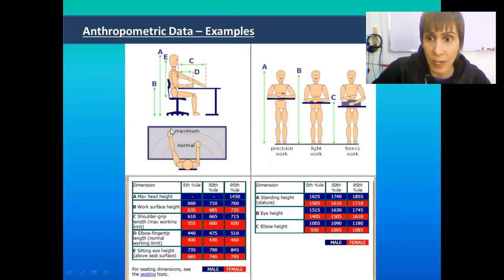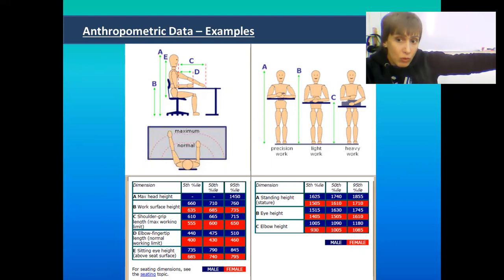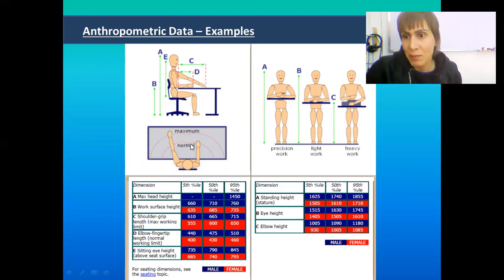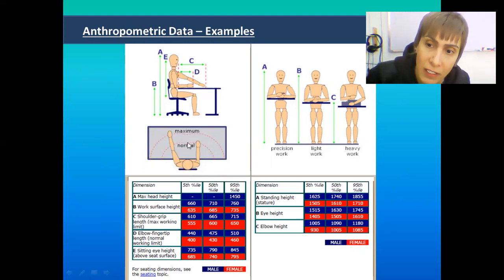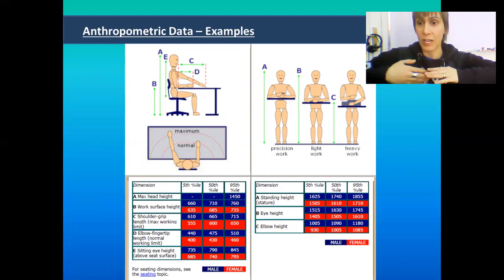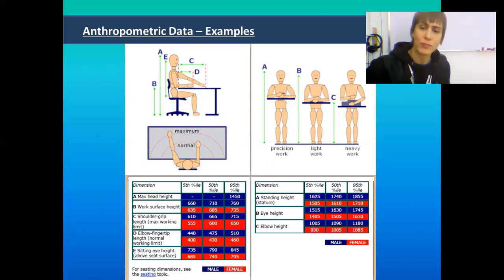So if you have to design something that uses the maximum reach, you need to take into consideration also, is the design used for a long time? Because if a person has to use his hand like this for a long time, okay, it's available as a number, but is it practical? Because you will get tired. It's more normal to design within a comfortable reach, not a maximum.